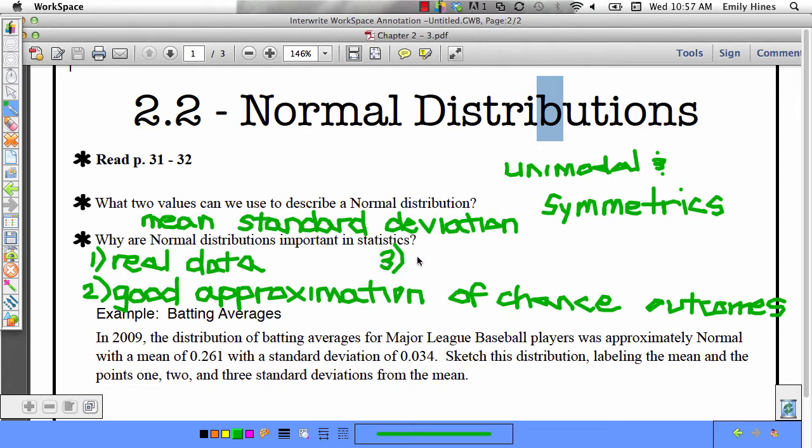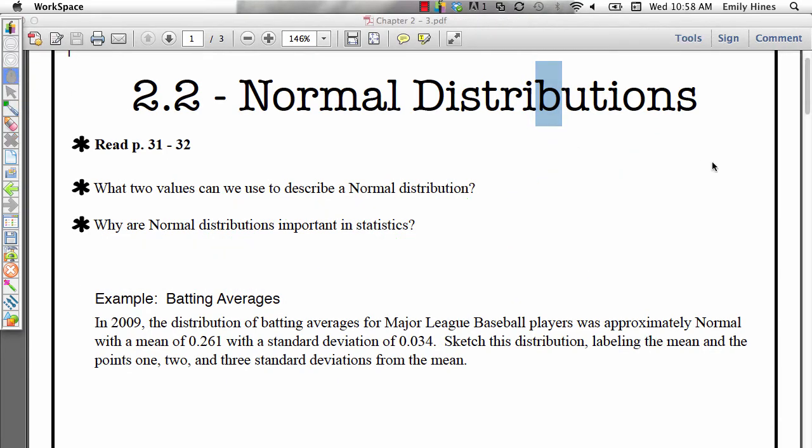And finally, the normal distribution is where we get the ability to do our statistical inference. Without it, it's really hard for us to infer anything about a larger population or about cause and effect if our data does not follow a normal distribution. So let's talk about the shape of a normal distribution and some of the details.